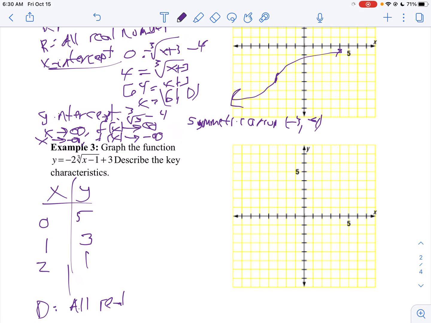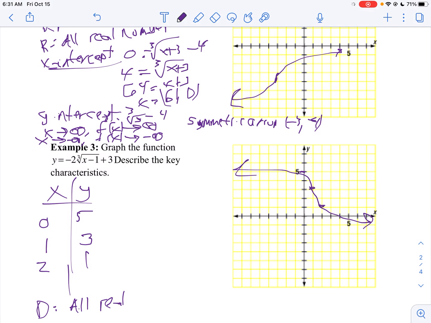Yeah, my pen died here. Sorry about that. And then when I go over 2, I'm going to be up 1. When I'm at 0, I'm going to be up here at 5. And there's your cube root.